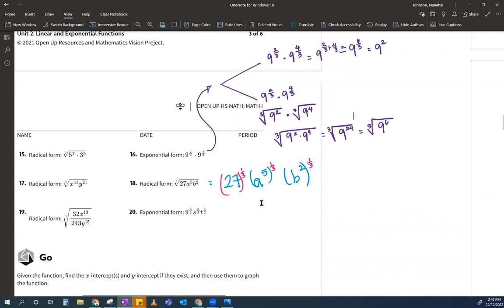So then they'd want you to simplify, I think just right here. So my final answer is going to be 27 to the 1/3 times a to the 5/3. Now remember, when you have a power to a power, meaning two exponents, right? Then you're going to multiply them. So that's 5/3 times b to the 2/3.